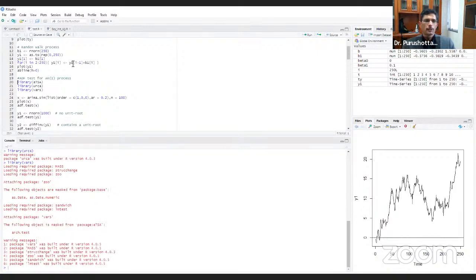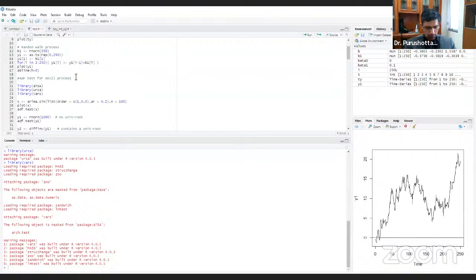For that, we have to call the library, or we have to have installed these packages in our R program. You can write install.packages and then the name of the package.